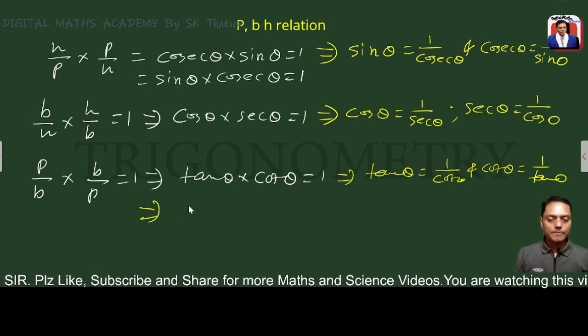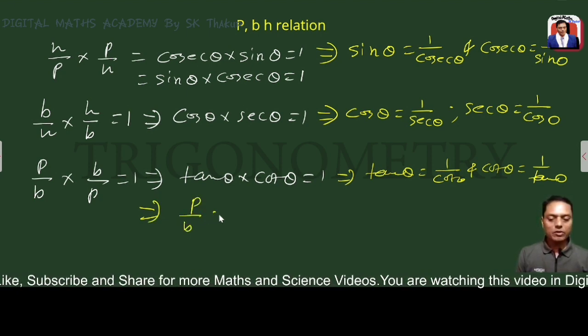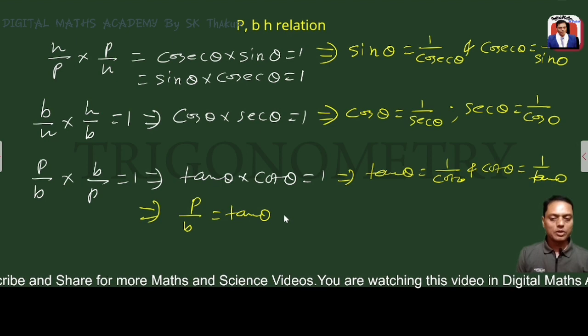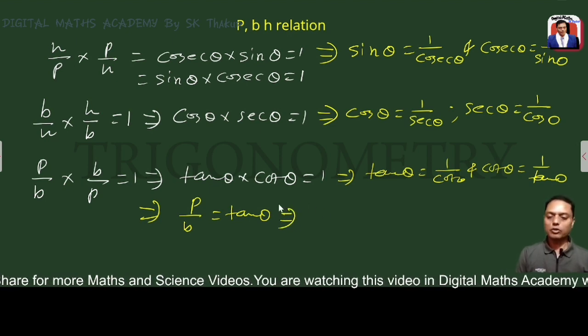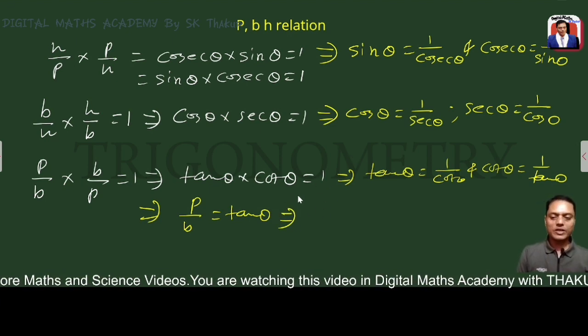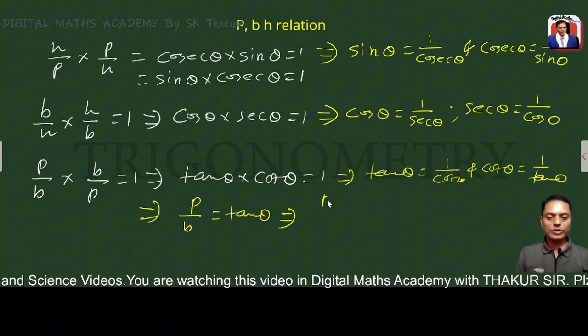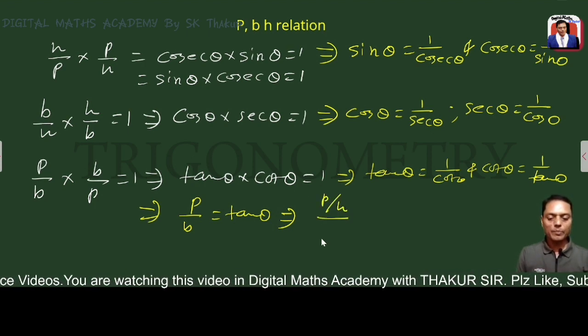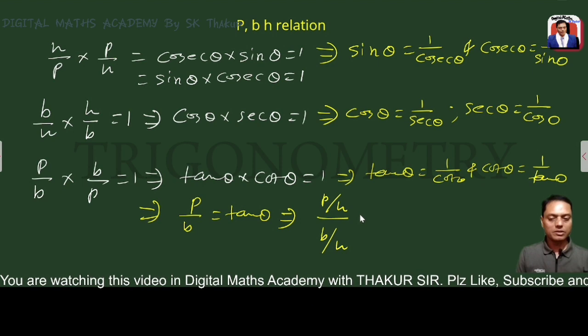Now we know that P by B equals tan theta. We can divide both numerator and denominator by H. So we can write P by H over B by H equals tan theta.